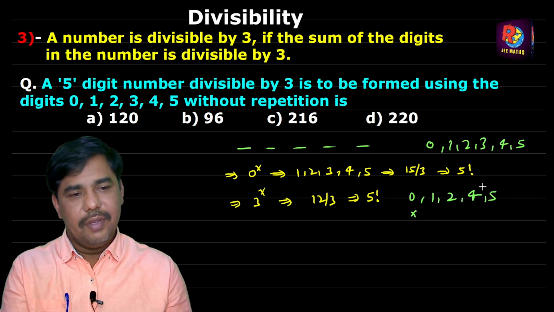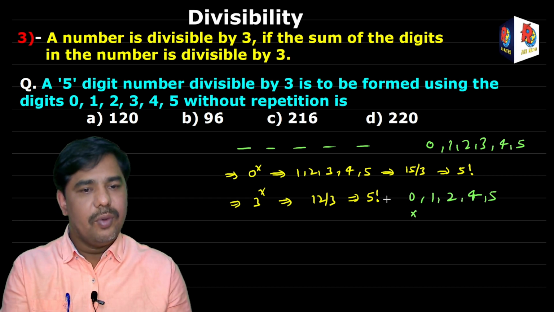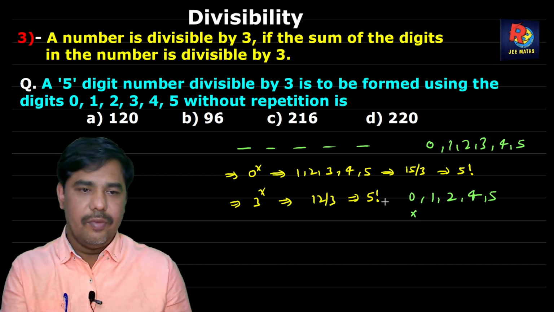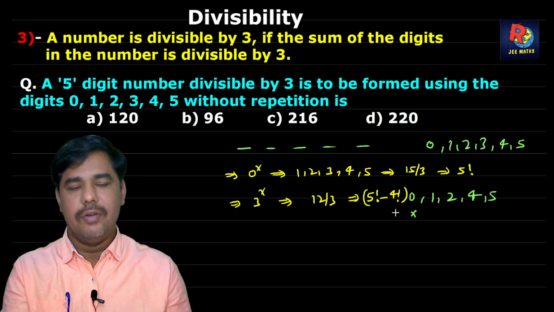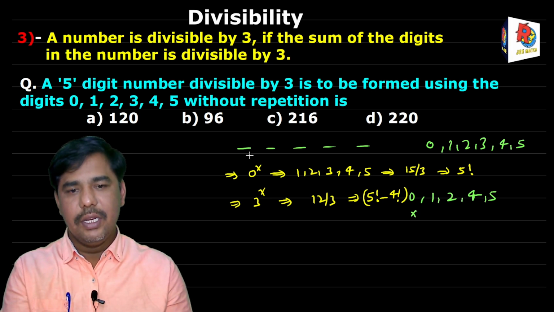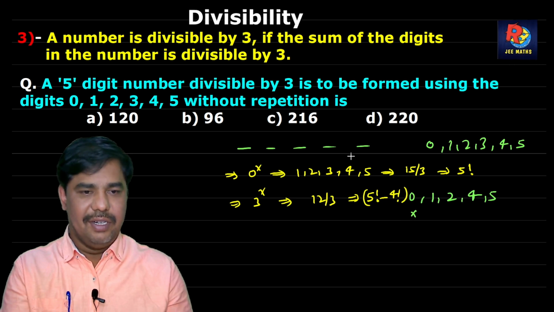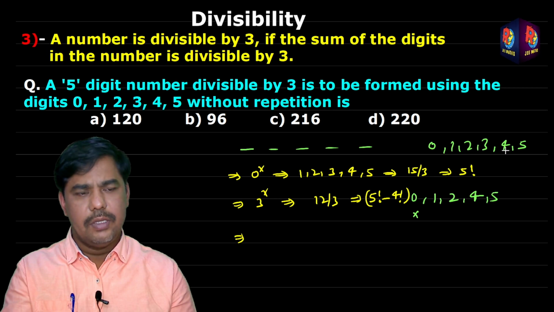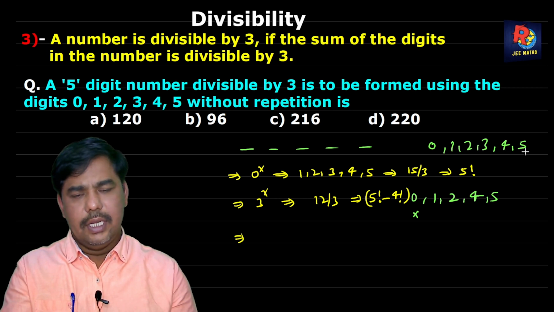So first of all, the 5 digits can be arranged in 5 factorial ways. After that, 0 should not be in the first position, so we need to subtract 4 factorial, because if 0 is taken in the first position, then it will be a 4-digit number. That one you need to remember. Neglecting 4 is not possible, since the sum is 11. Next, neglecting 5, the sum is 10, not possible.